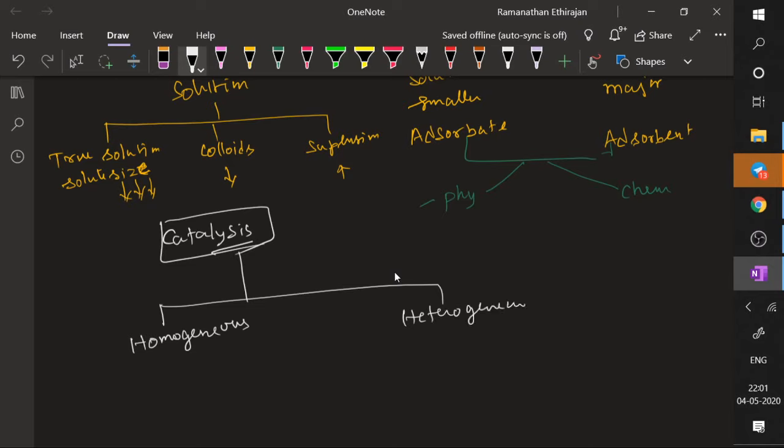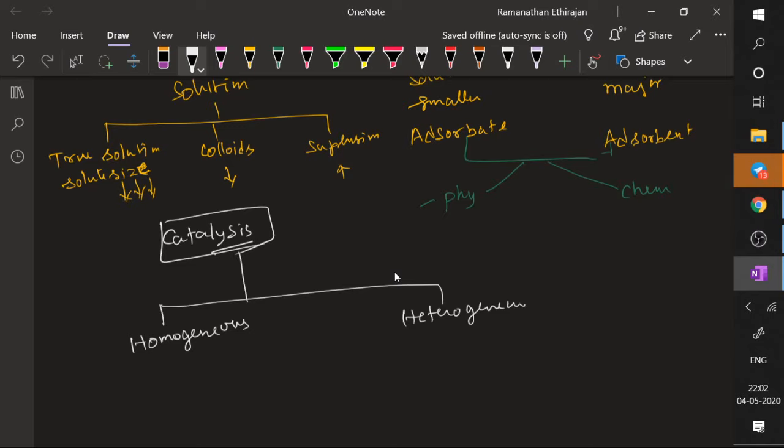You would have heard of some catalyst activating some reaction. When the physical state of the catalyst and the reactants are the same, all of them being gases, it is homogeneous.